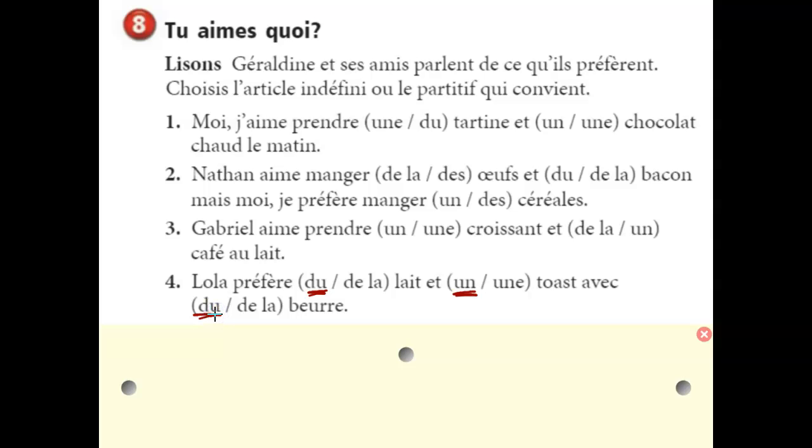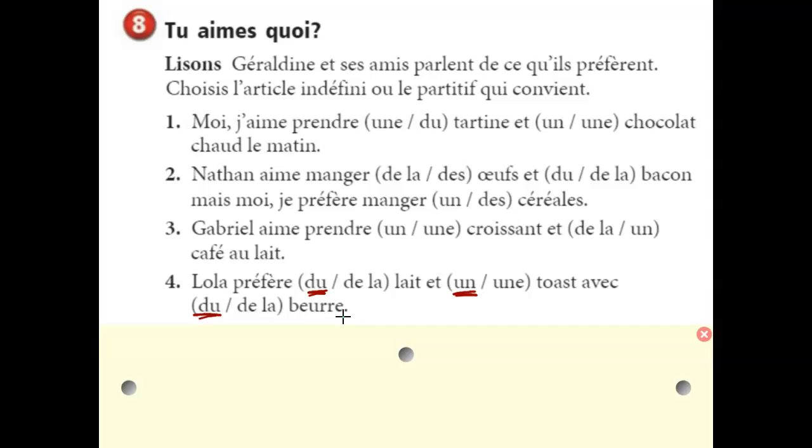Beurre is also masculine, despite the fact that it ends with an E. This is one of those tricky ones. Even though it ends with an E, it's actually a masculine word. So all three of these are masculine. So our sentence then is Lola préfère du lait et un toast avec du beurre. Lola prefers some milk and a toast with some butter.